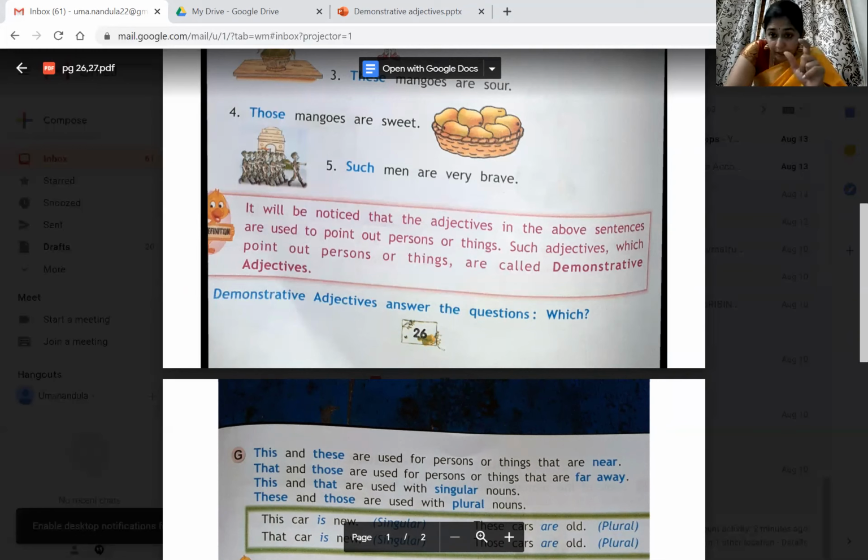So in some context, you have to understand that not only this, that, these, those, sometimes other words also, according to the sentence, will become the demonstrative adjectives. That's why I'm telling you again, you question which, then you will get the answer for demonstrative adjective. That will be very easy also for you to identify, right, children?